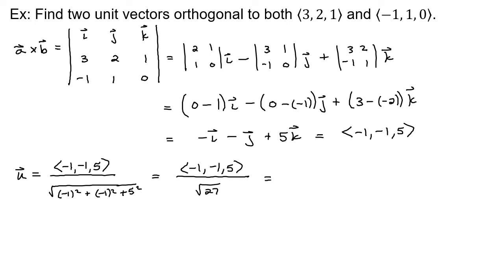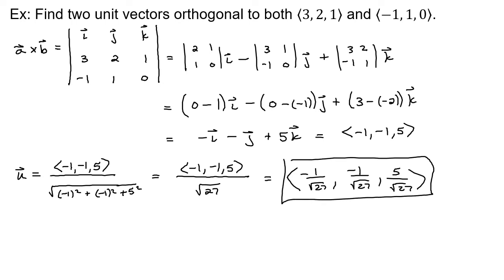So you could either leave it like that, or if you wanted to, you could do negative 1 over root 27, negative 1 over root 27, and 5 over root 27. That is a unit vector that has a length of 1 that's orthogonal to those 2 vectors. 27, you can simplify it if you want to. It's 3 root 3.